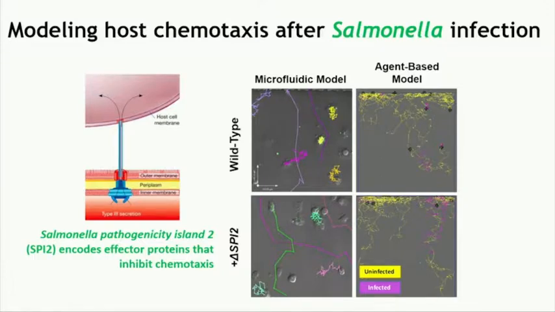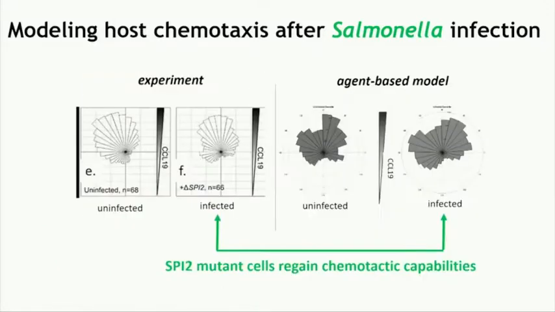And so Denise has a cell line where this pathogenicity island has been genetically knocked out, and she's cultured these cells with the Salmonella infection and shown that, in fact, what you would expect is that you get a recovery of the dendritic cells to be able to migrate in response to that chemokine. And so we performed the same experiment, a simulated knockout in our agent-based model, and we were also able to recapitulate the recovery of chemotaxis as a result of the cells being infected by bacteria that lack the ability to disrupt the machinery that causes chemotaxis.